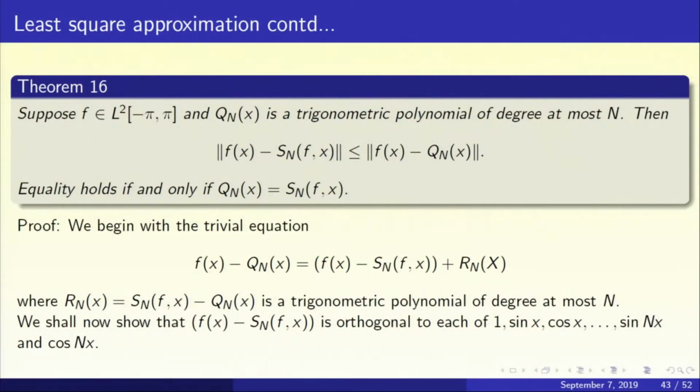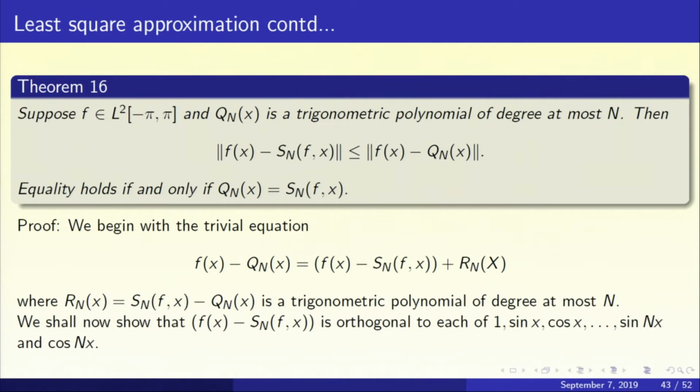Here you see the result stated in the form of a theorem. Suppose f is in L2 of minus pi to pi and Qn(x) is a trigonometric polynomial of degree at most n. Then the norm of f(x) minus Sn f(x) is less than or equal to the norm of f(x) minus Qn(x). Equality holds if and only if Qn(x) equals Sn f(x). So we also have a case of equality.